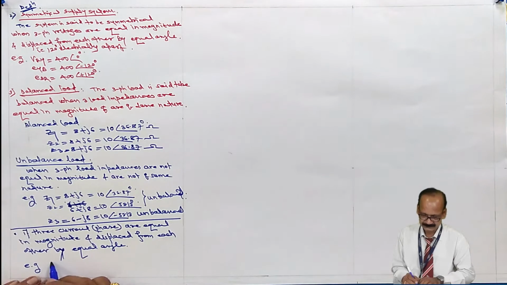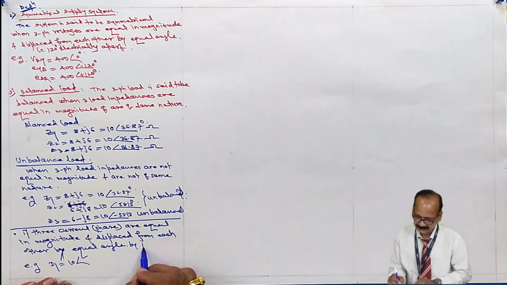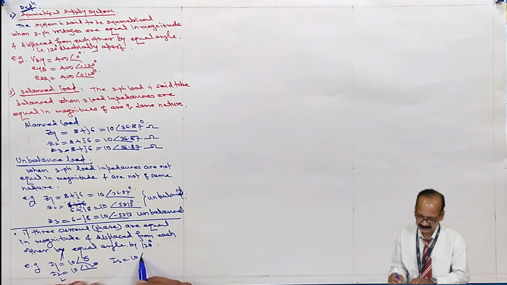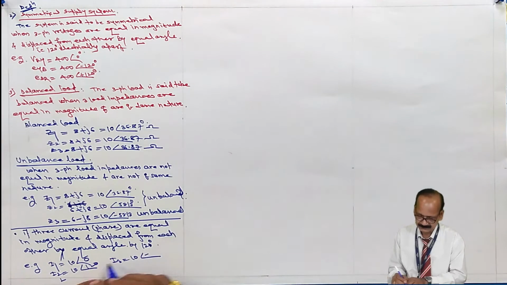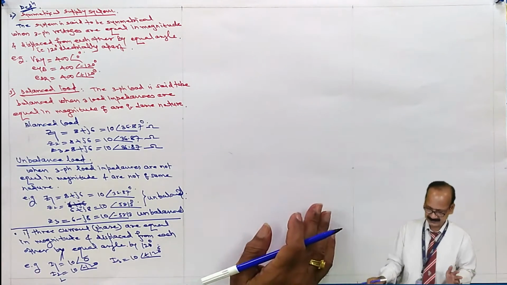For example, I1 equal to 10 angle 0, I2 equal to 10 angle minus 120, I3 equal to 10 angle plus 120. They are equal in magnitudes.